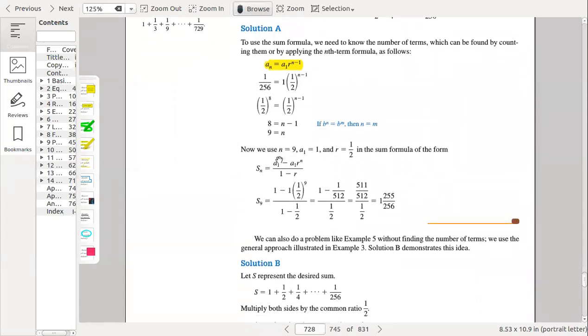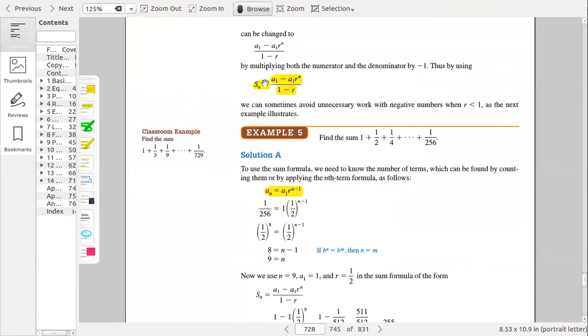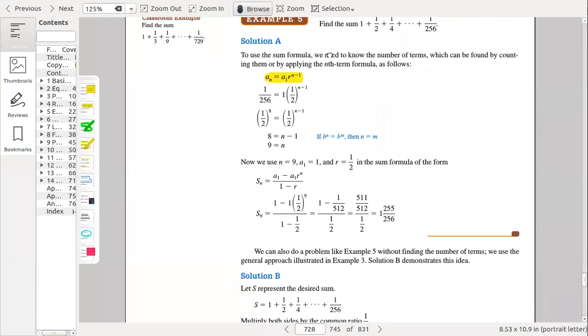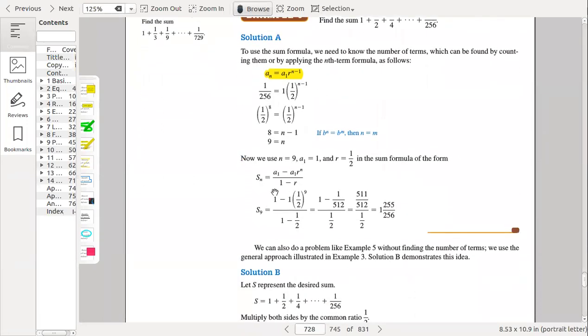Now we use n is equal to 9, a1 is equal to 1, and r is equal to 1 by 2 in the sum formula of this form, because now the common ratio is less than 1. So we use the formula a1 minus a1 r power n over 1 minus r. Substituting, we get 1 minus 1 by 2 to the power 9 over 1 minus 1 by 2.